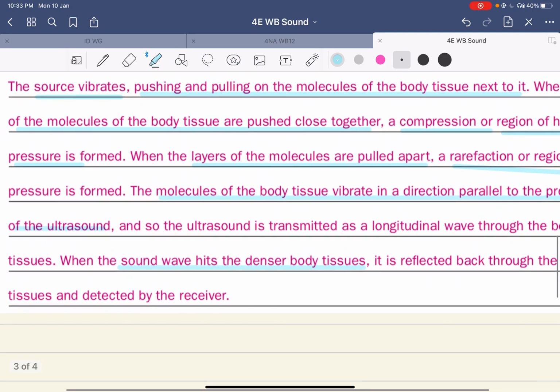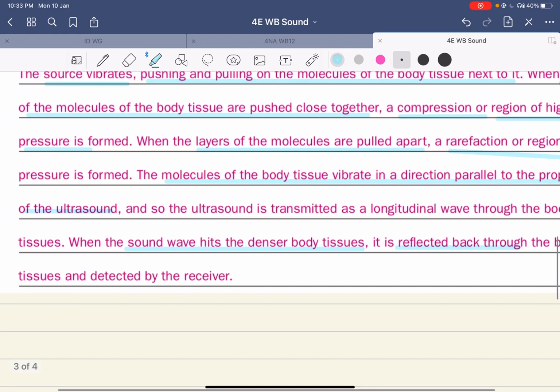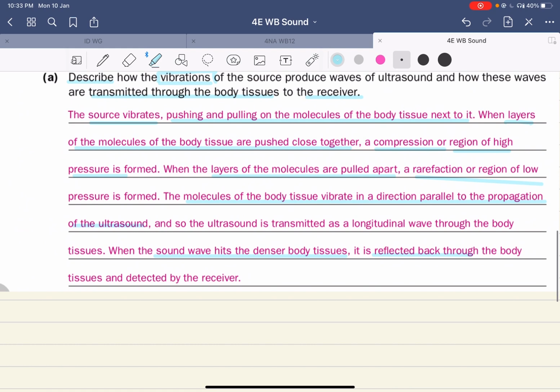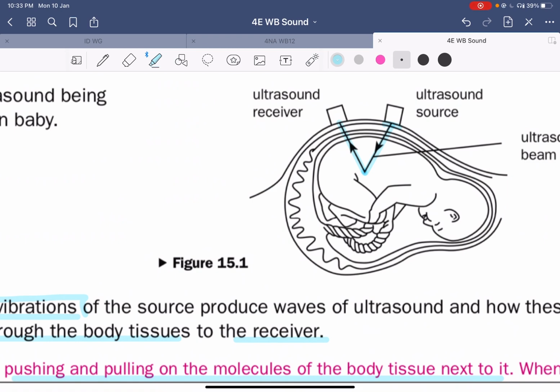So when the sound wave hits the denser body tissues, it is reflected back through the body and then detected by the receiver. As mentioned, if you look at the diagram, there is this part where the reflection happens.